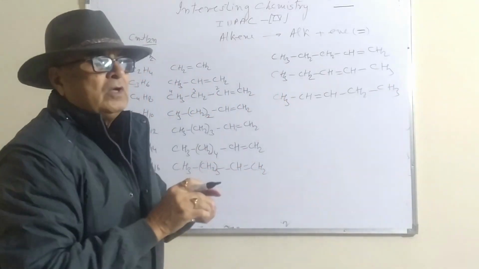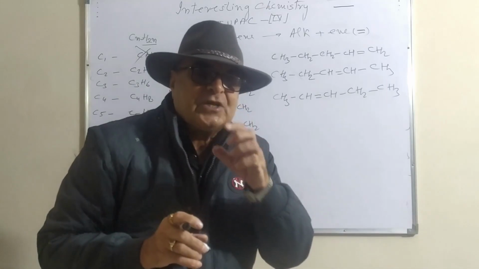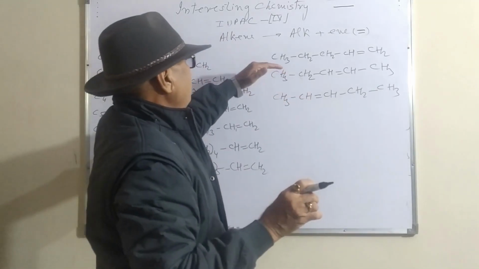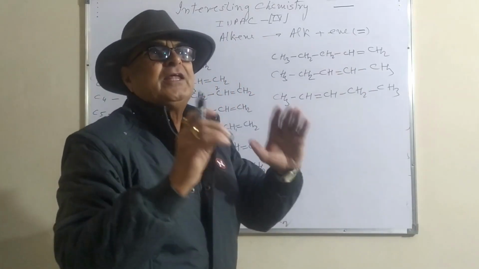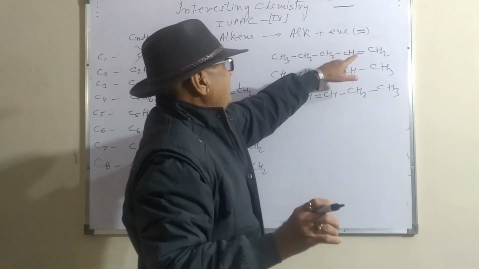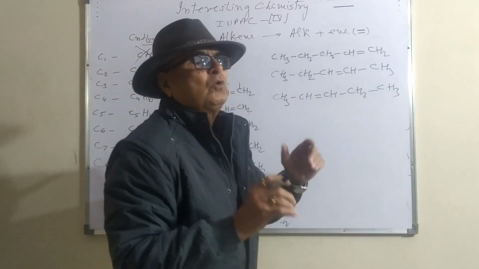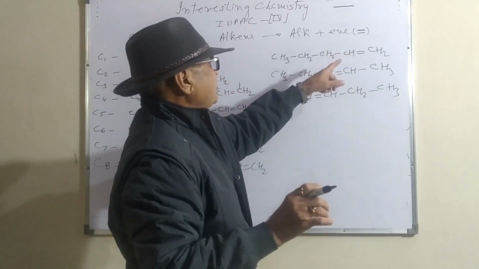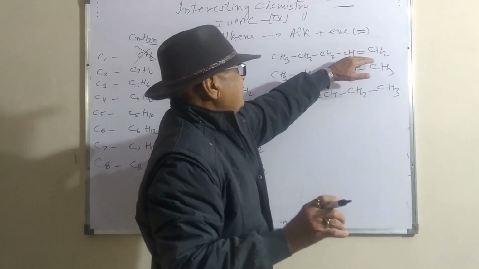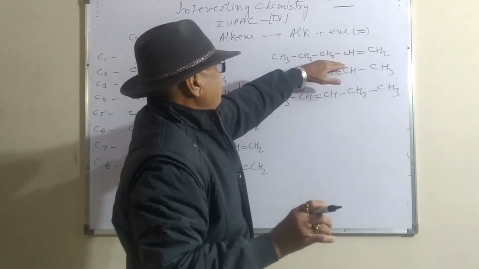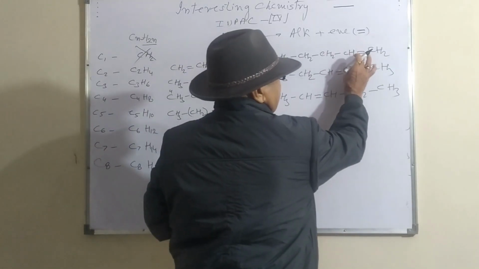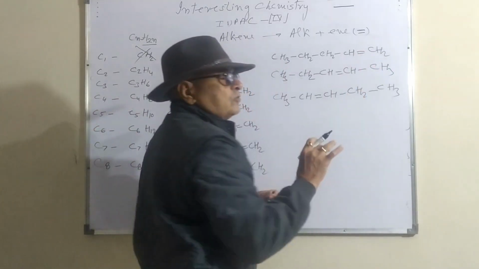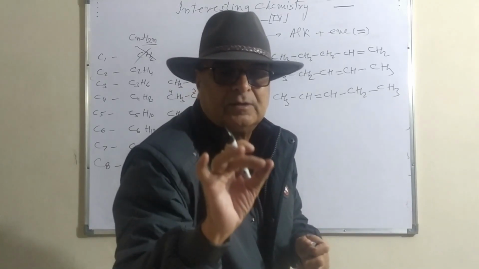How will you name these structures? First of all, find the longest chain of 5 carbons. Then this double bond is here, so it is an alkene. You start the numbering of the longest chain, taking the priority that the double bond should be given the least number.